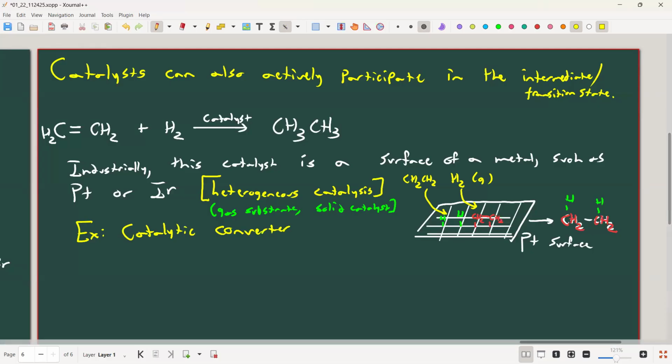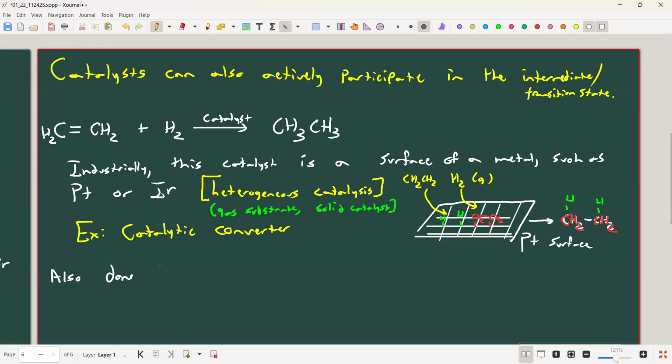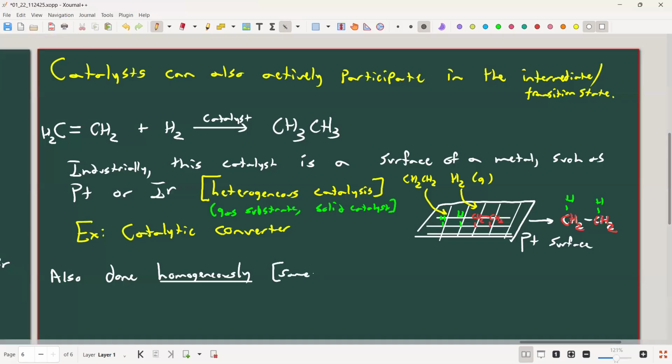But you can also do this homogeneously, which is in the same solution, same phase, say with liquids and solvents.